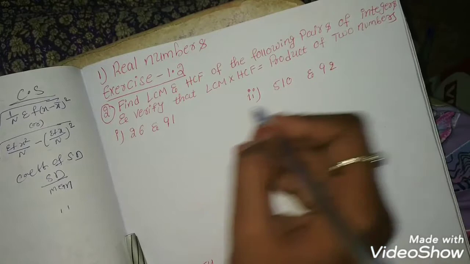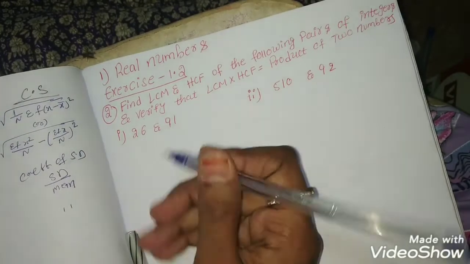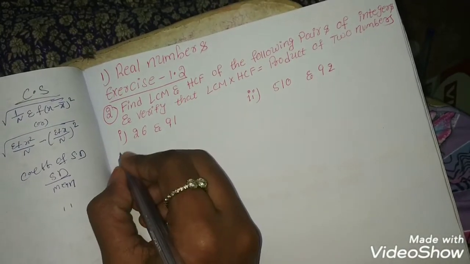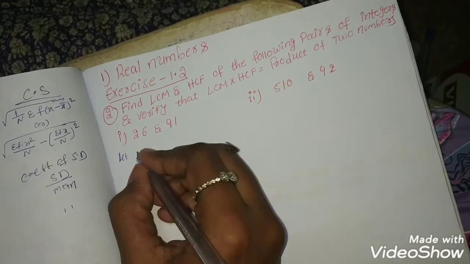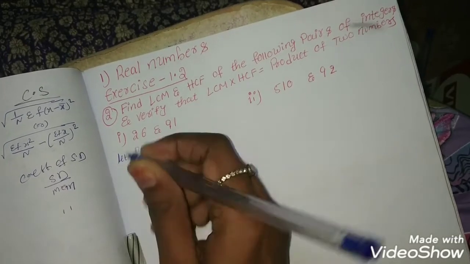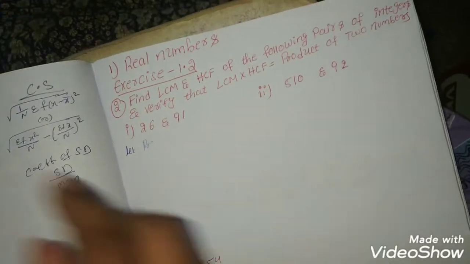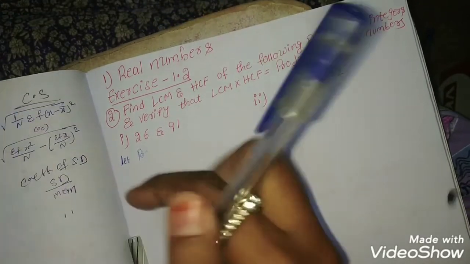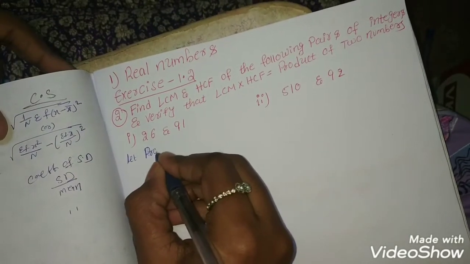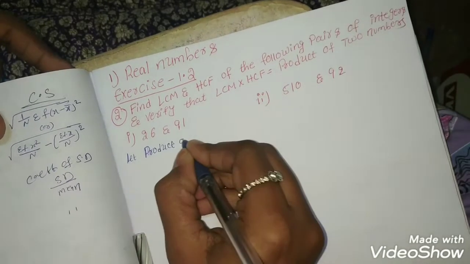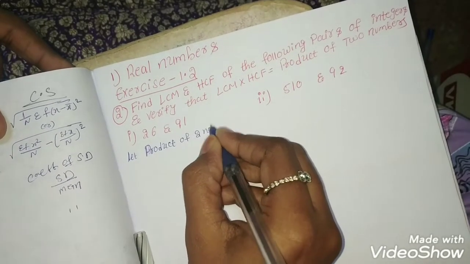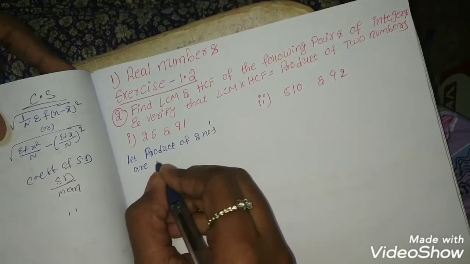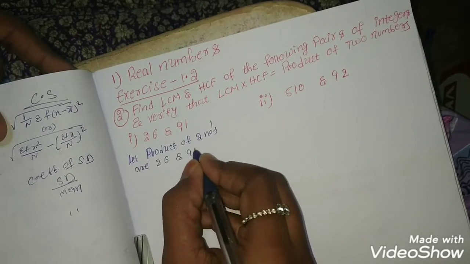Why don't we take the product of the two numbers, 26 and 91?